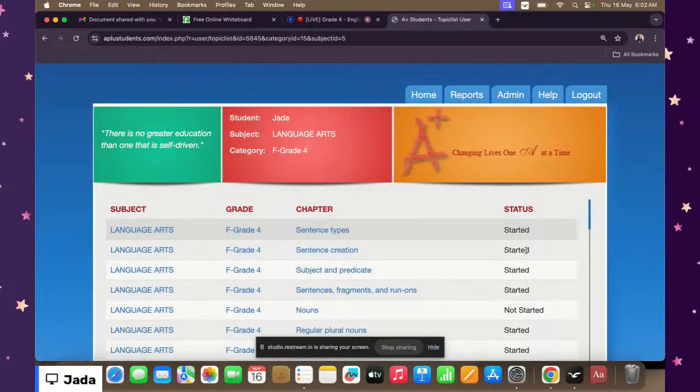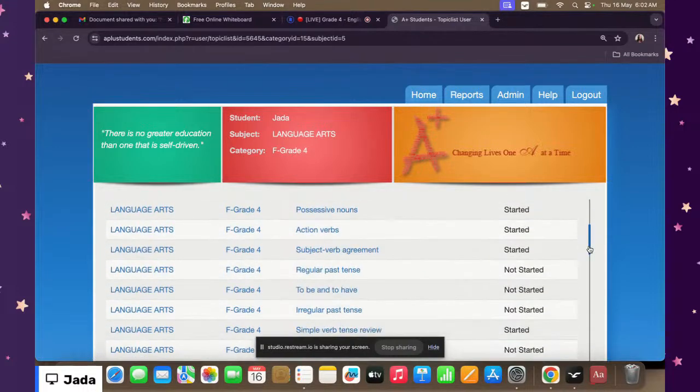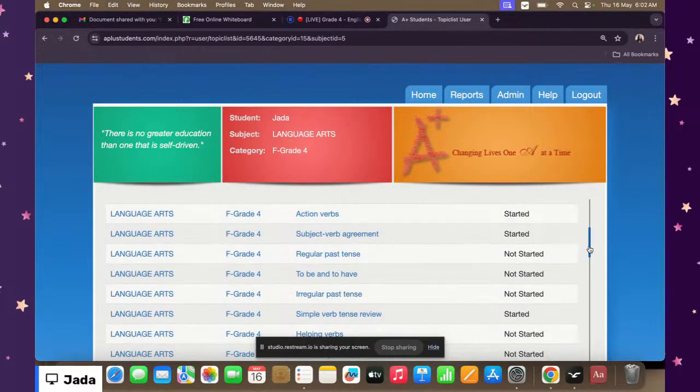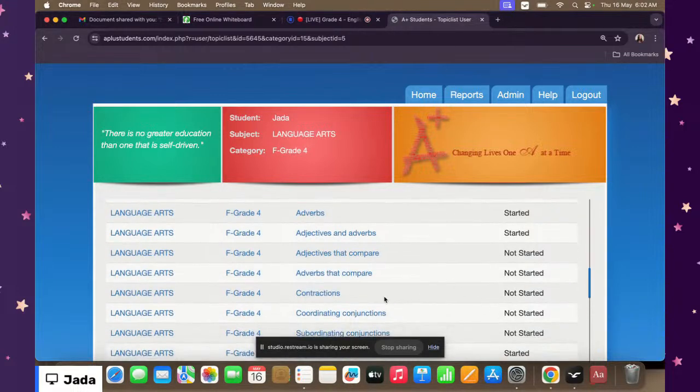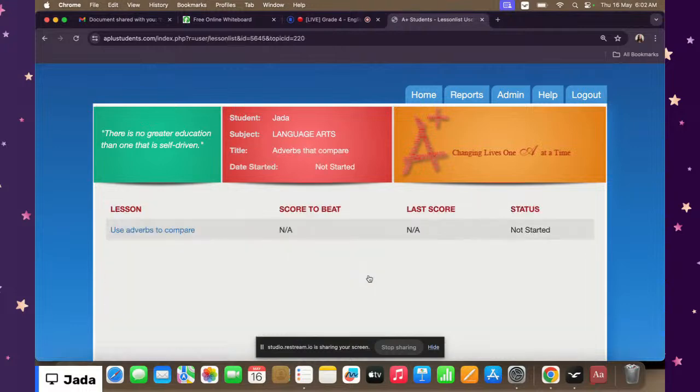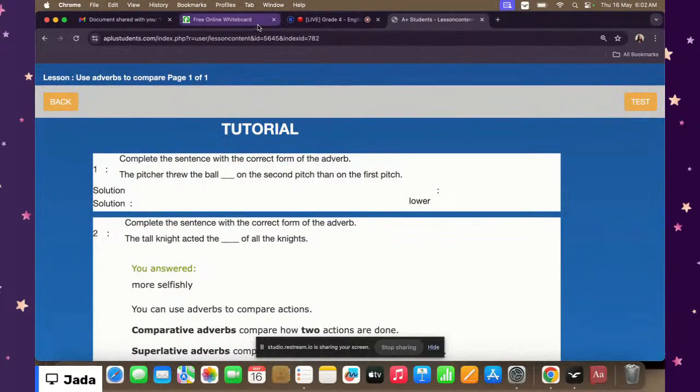Okay, so this is adverbs that compare. It says use adverbs to compare, so that's what we will do right now.